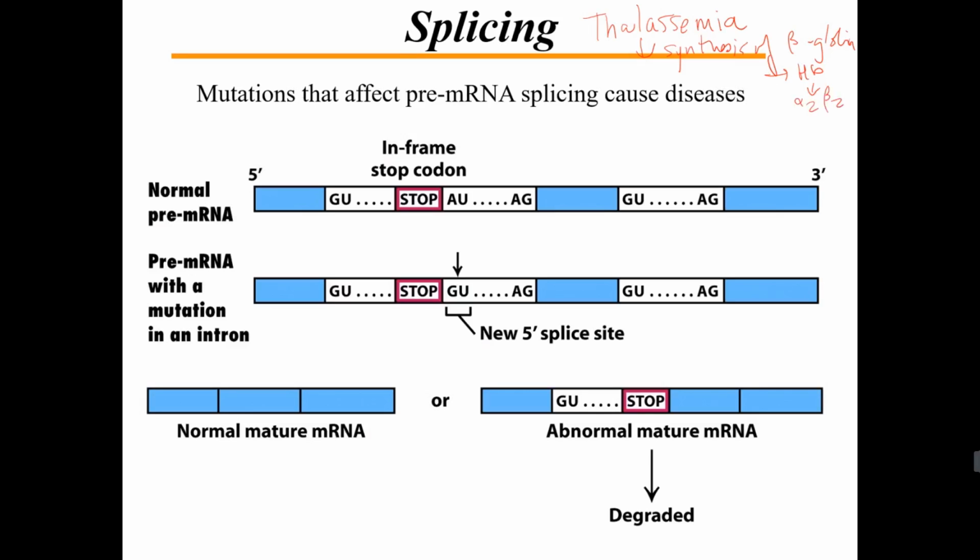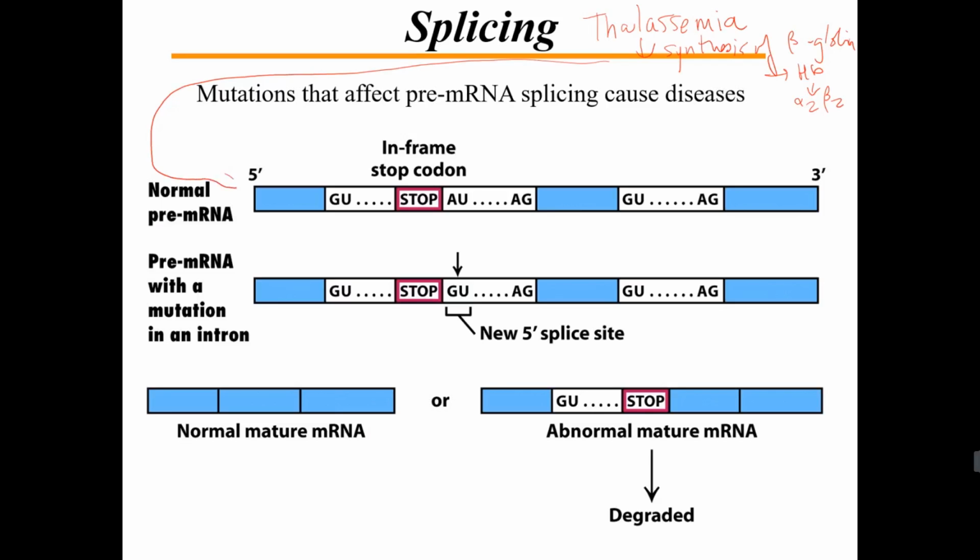The clinical symptoms include anemia, and it is an autosomal recessive disease. Okay, so there is a splicing mutation that causes the thalassemia that leads to the decreased synthesis of this beta globin protein chain that makes up hemoglobin. And we're going to actually demonstrate how this mutation occurs.